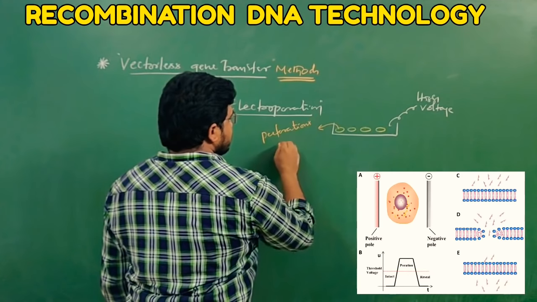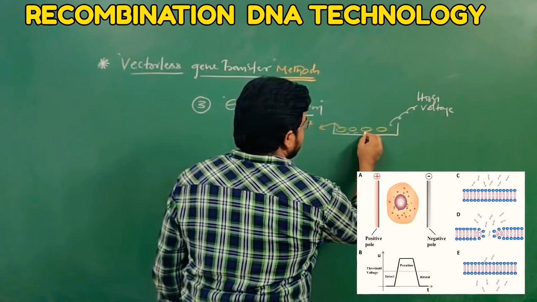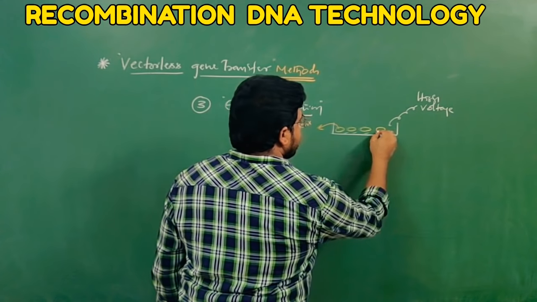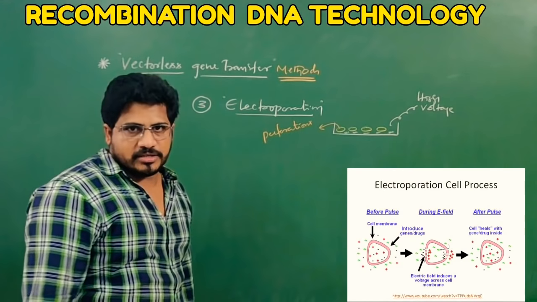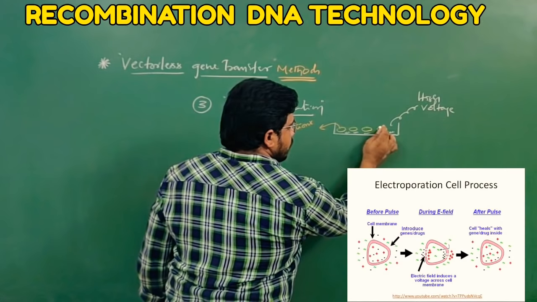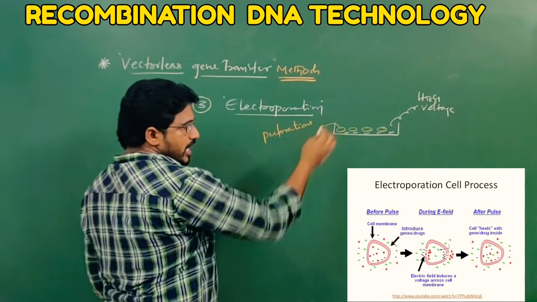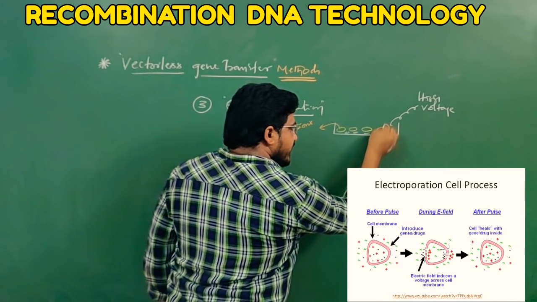Perforations means holes. In the same medium, we are using desired genes. As this medium is subjected to high voltage, for some time these protoplasts will have some openings. Protoplasts have some pores. Through these pores, this DNA will go.